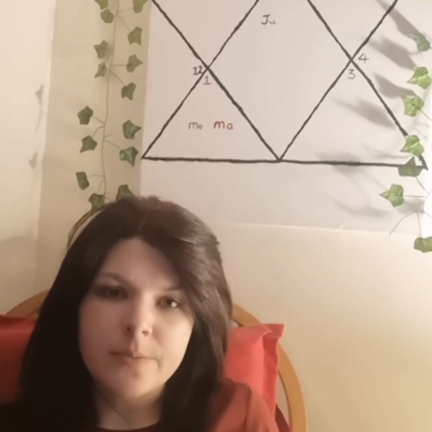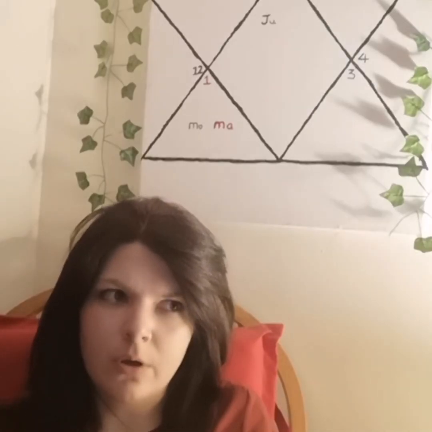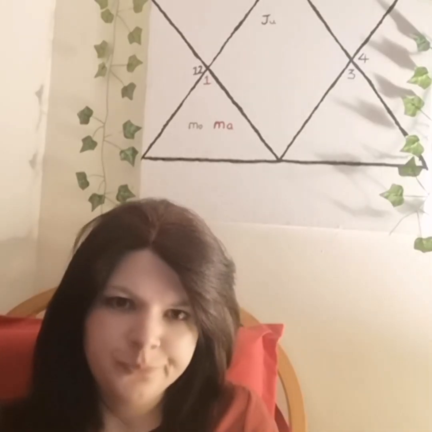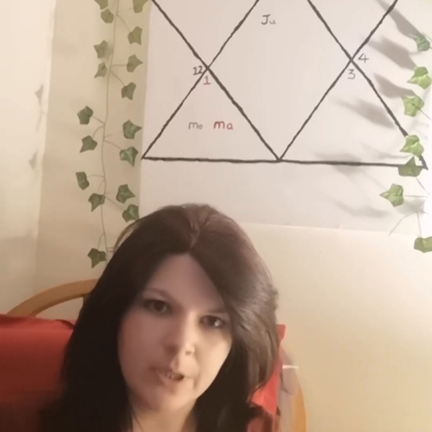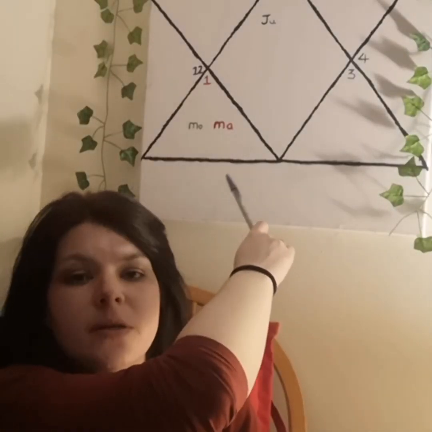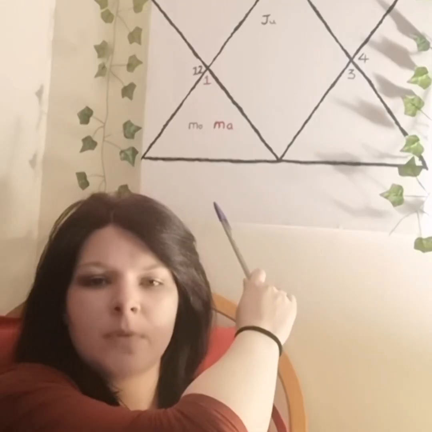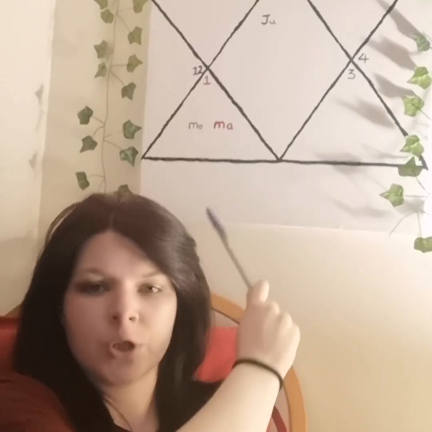So, timing. When is the best time to work on the root chakra? Moon. We look at the moon transits to help us open any of the chakras. So for instance, for me, when moon transits Mars, that's my root chakra day.